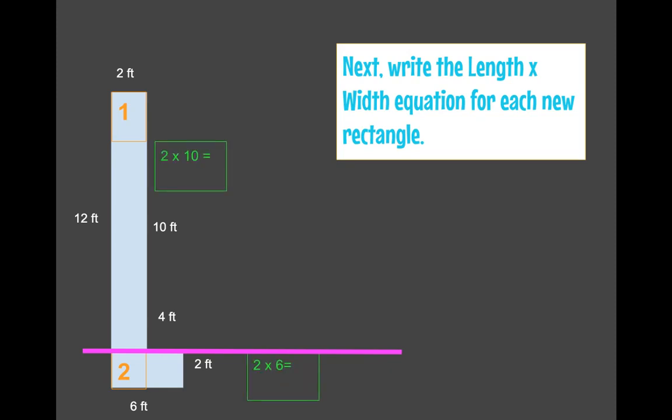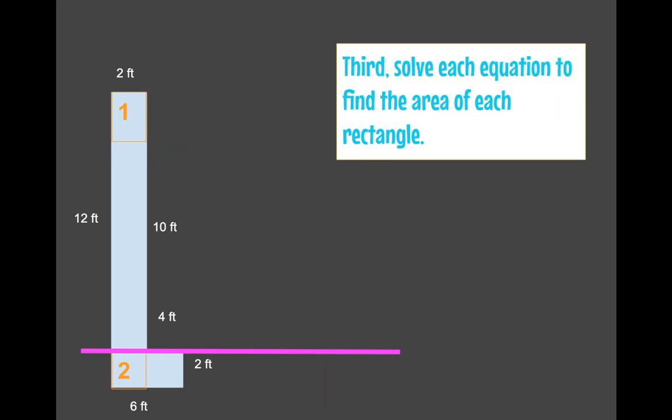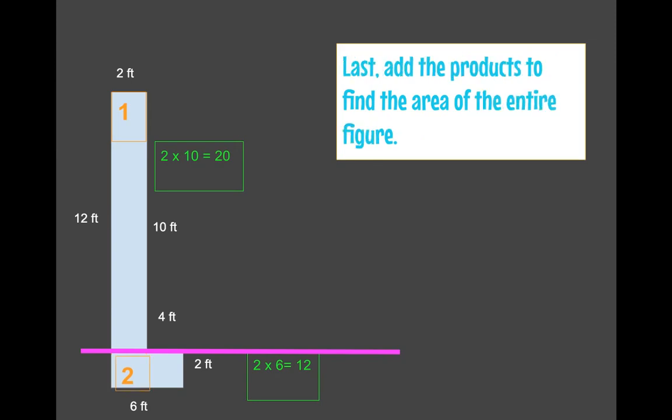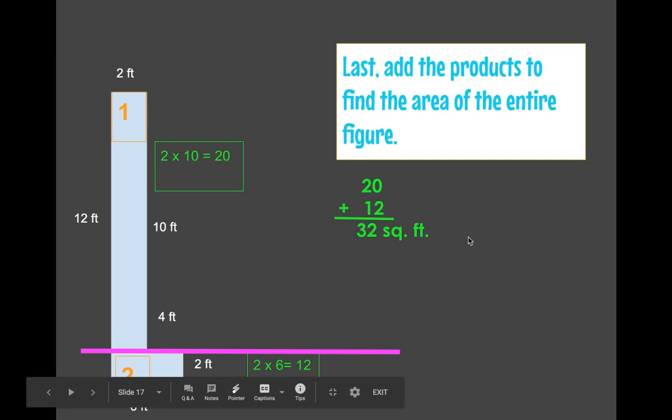And our last step is to solve. We've got 2 times 10 equals 20 for figure 1, and 2 times 6 equals 12 for figure 2. And then we just add those together to combine them, and we have the entire area of that composite shape. 20 plus 12 equals 32 square feet. So the entire area of this is 32 square feet.